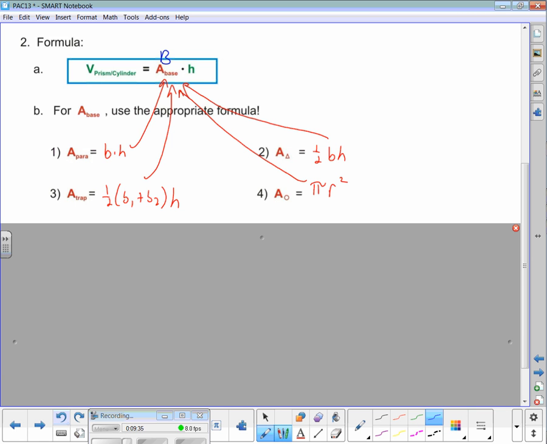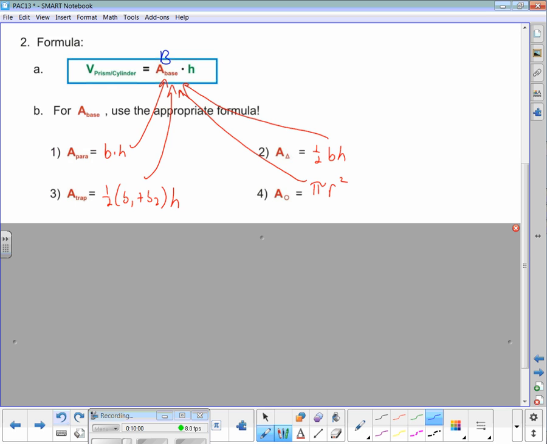You guys got that? Every once in a while you'll see a capital B times H. They expect you to know that the capital B means area of the base. So just be prepared that that's a possibility in the midst of seeing that formula for volume.